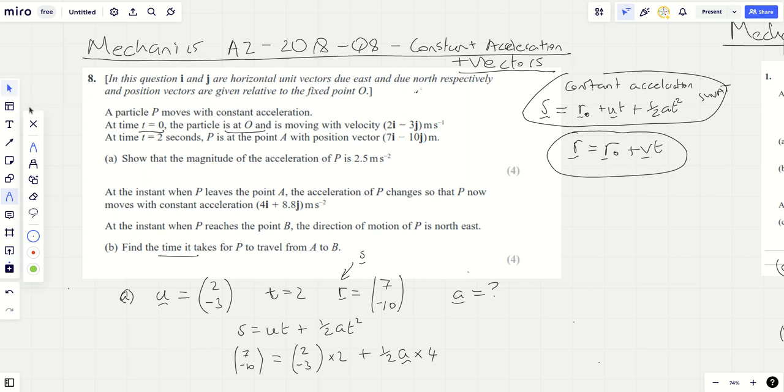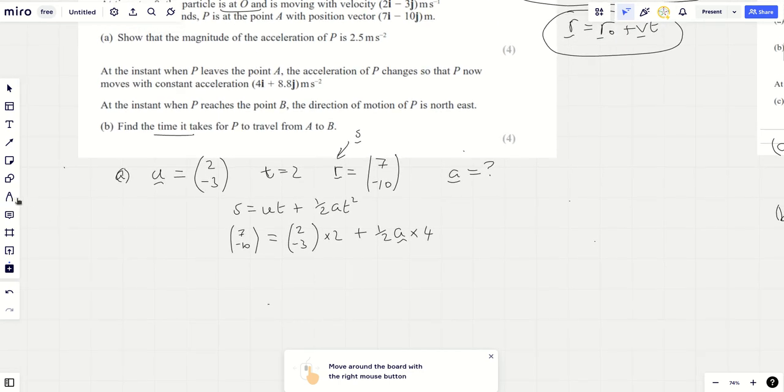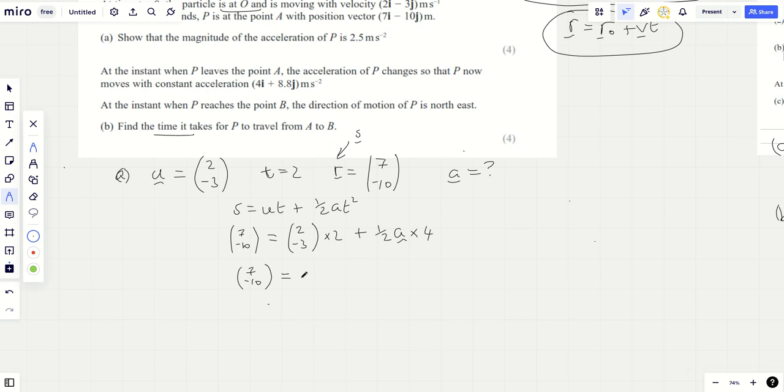And so what do we get here? 7, minus 10 is going to be the same as 4, minus 6 plus 2a, 4 times half is 2. So that's going to give us 7 minus 4 is 3. Minus 10 plus 6 is minus 4. And so a is 1.5, minus 2.